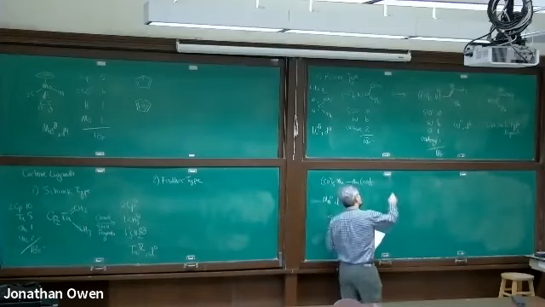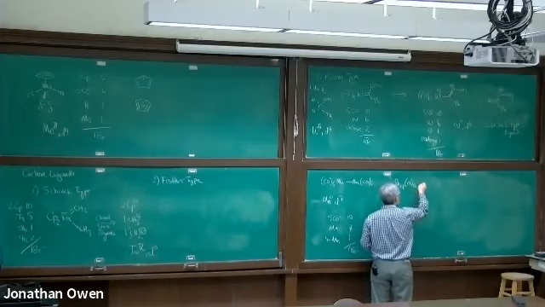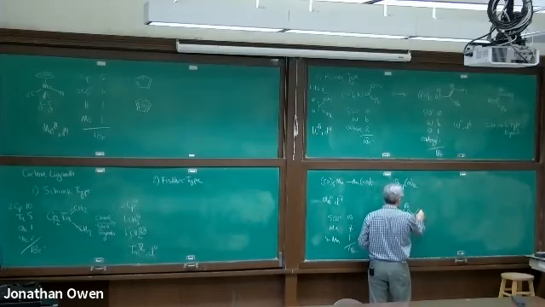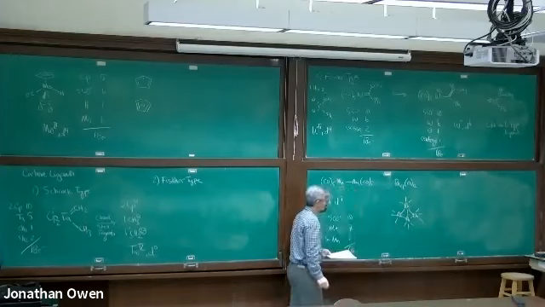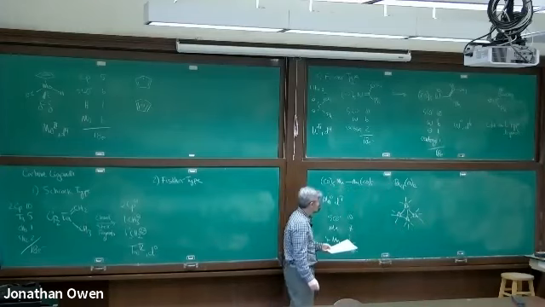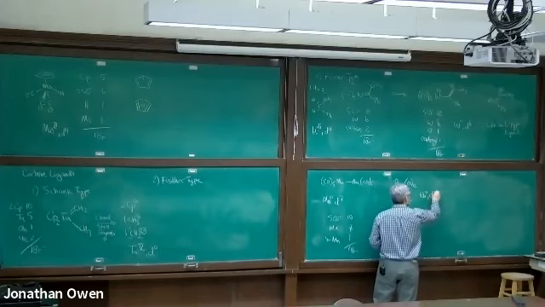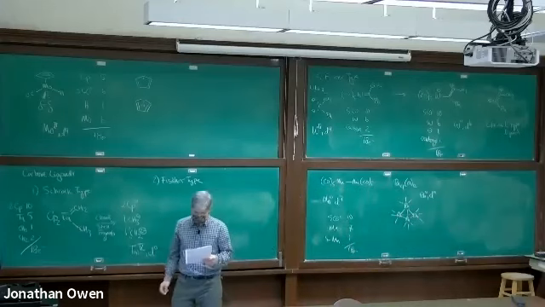Another one is rhodium 4 dodecacarbonyl. Cool little cluster. This is rhodium 0, said to be rhodium 0 d9. But how about the valence?